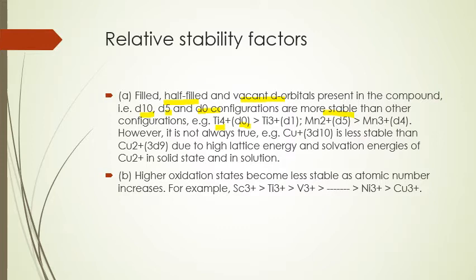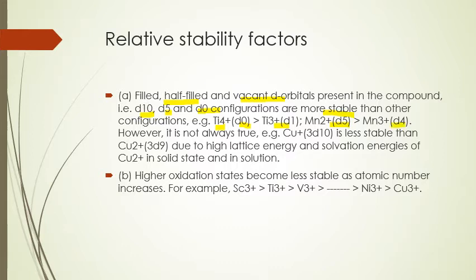Then we have the 3. What is its electronic configuration? One electron will be removed, and that becomes d1. Mn2 plus is of the half-filled configuration.